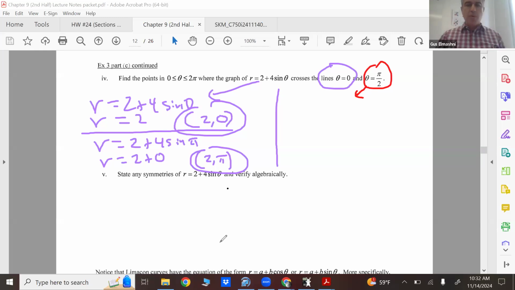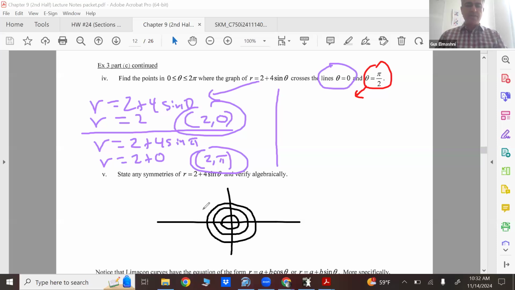Just to show you the polar plane one more time. Again, I'm going to draw a polar. Yikes.